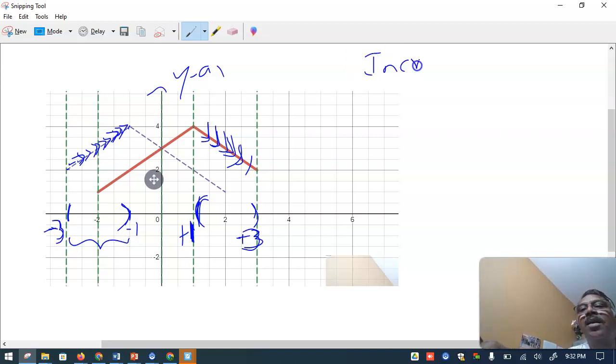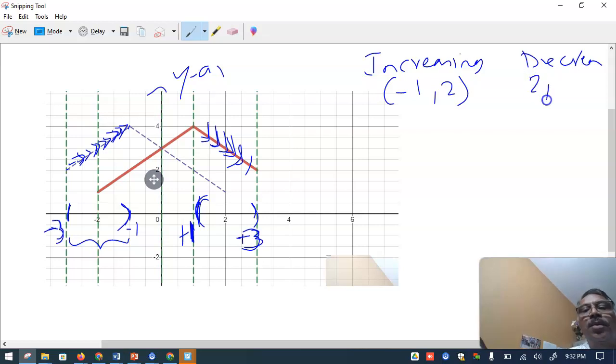So in the beginning, increasing and decreasing. So this was -1 to 2, it was increasing. Sorry, I made a mistake here.